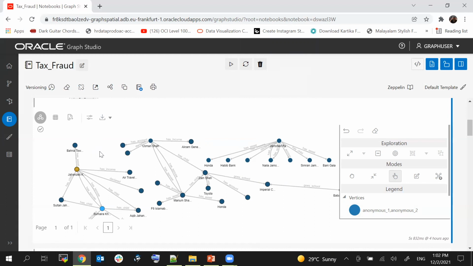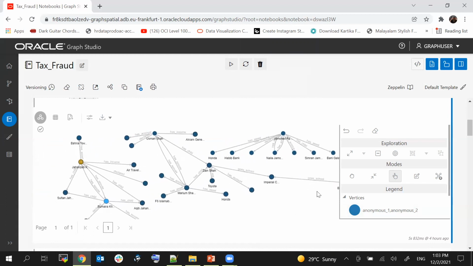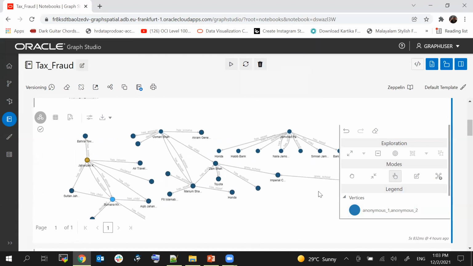And similar to that particular family, we have the graph available for every other citizen, which basically gives you insights into how they can be connected, what are the type of activities they are doing to make the tax submission fraudulent in nature. It helps the organizations to look into the high levels of detail as well.